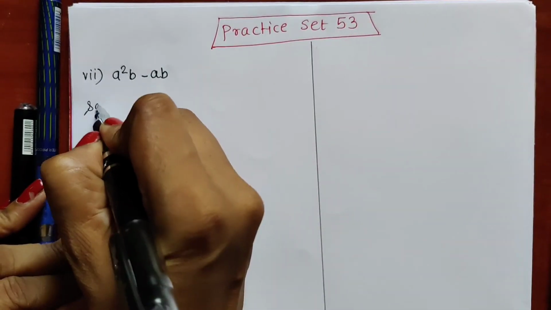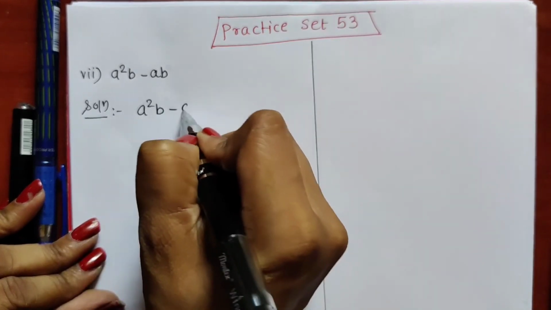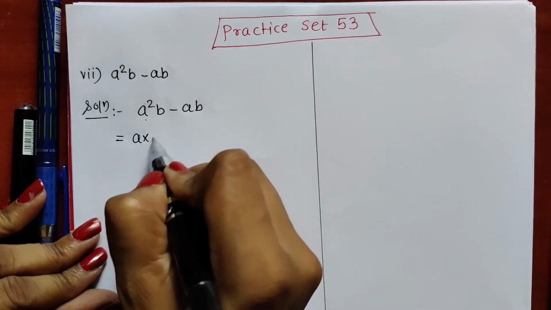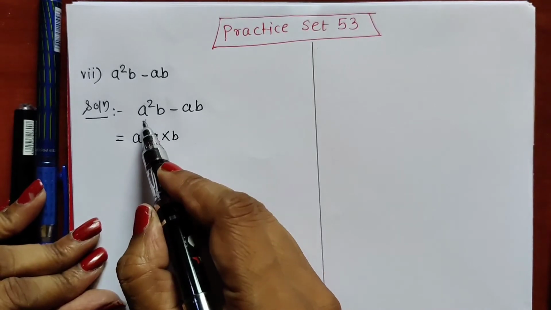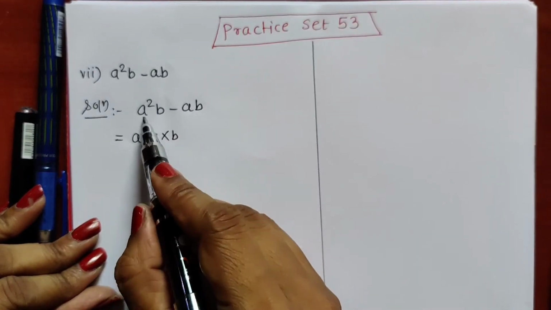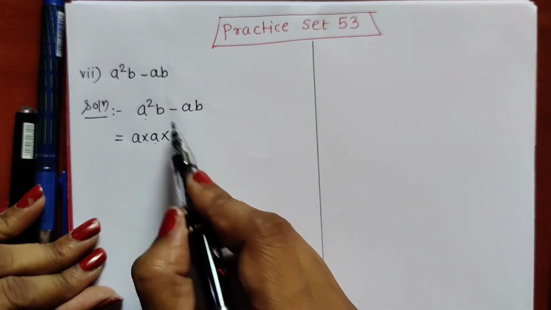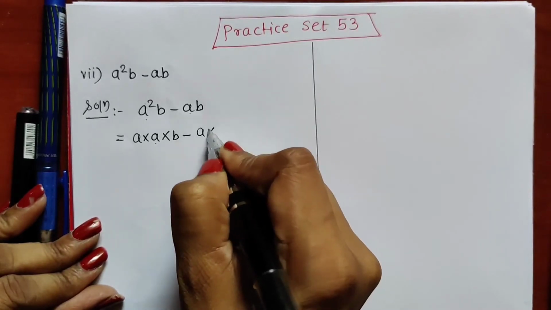So solution, I will be writing this a square b minus ab first. Now this a square means a into a, correct? Multiply by b. This type of factorization we have seen in practice set 52. So a square can be converted into a into a and multiply by b as it is, minus ab means a multiplied by b.